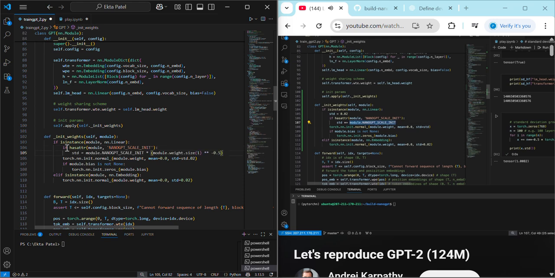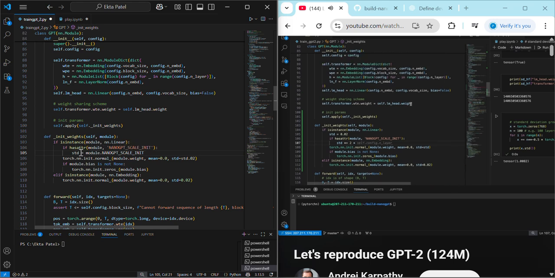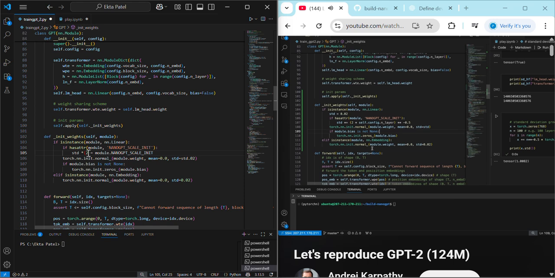So we want 1 over the square root of the number of layers. So the number of residual layers here is 2 times self.config.n_layer, and then this to the power of negative 0.5. So we want to scale down that standard deviation, and this should be correct.